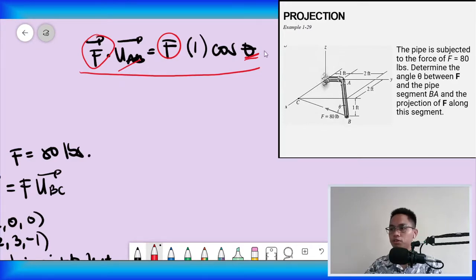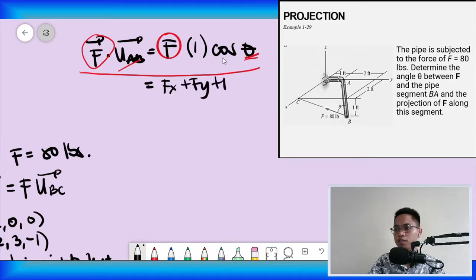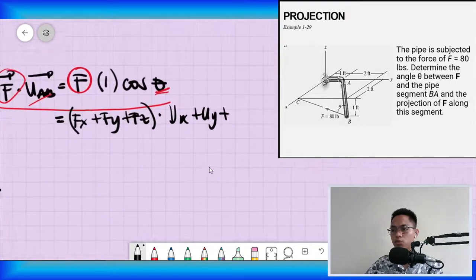So that is the goal we will solve. Let's start with this: it is equal to Fx plus Fy plus Fz, dotted with ux plus uy plus uz. Sorry, the whiteboard seems to be lagging.